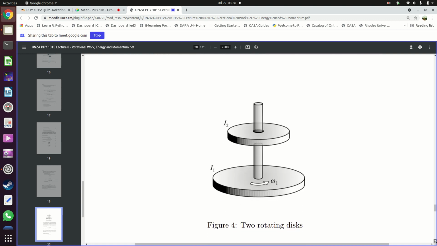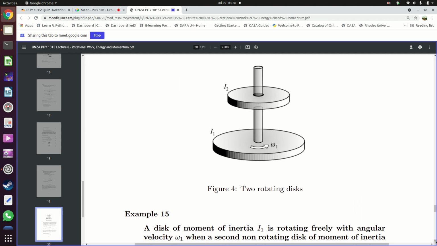Here we have an example of rotating disks. This is the first disk, disk 1 at the bottom. Disk 1 is rotating and has a mass, and if it has a mass, as you have seen, then it has a moment of inertia. So disk 1 has moment of inertia I, and it is rotating with angular velocity omega.